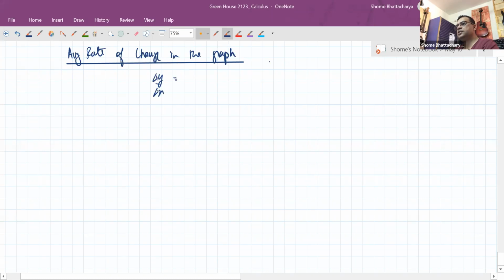We define it as y2 minus y1 upon x2 minus x1, which we get by substituting the value of x as x2 to get y2 and x as x1 to get y1. So this becomes the ultimate formula for it.